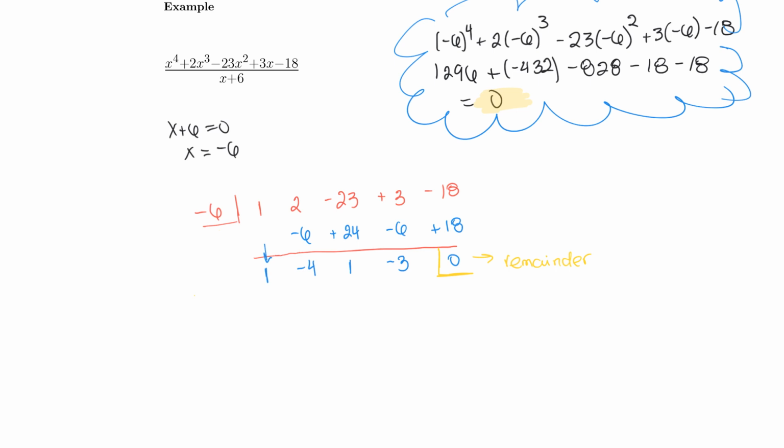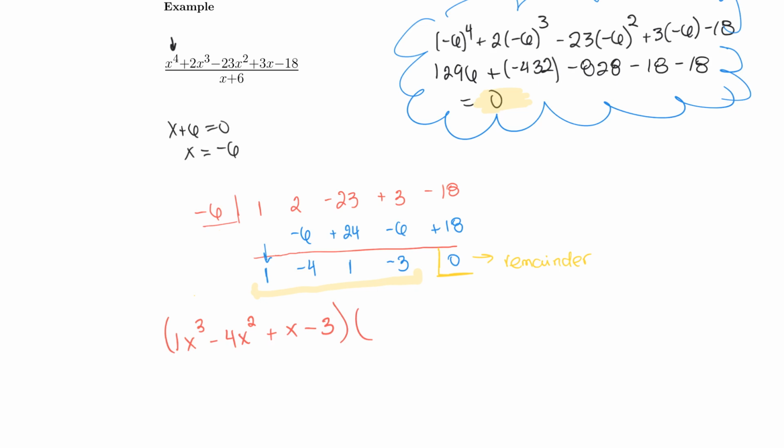Now, how do we write this polynomial in a factored way? Well, we just take all these numbers here at the bottom and write them as a polynomial with 1 degree less than our original one. Our original one has a degree of 4, so now we write it with a degree of 3, these numbers being the coefficients. So we have 1x to the 3 minus 4x squared plus x minus 3, all multiplied by the factor that we found.